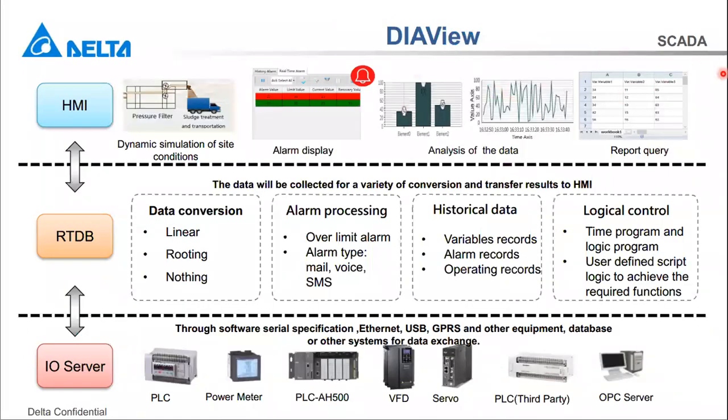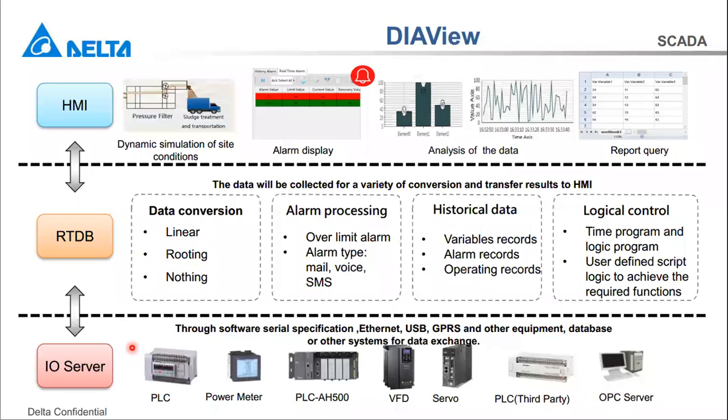This is the basic architecture of SCADA software. From the base, the first thing we have to do is the I/O server. I/O server means we do the data exchange with each machine. Machines are mostly controlled by PLCs, with some power meter data, VFD servers, robots, and also OPC servers.